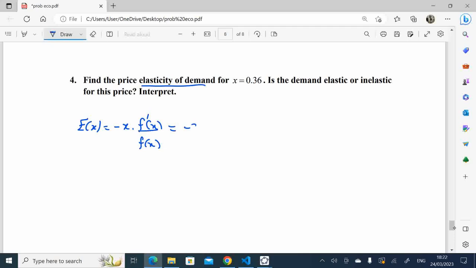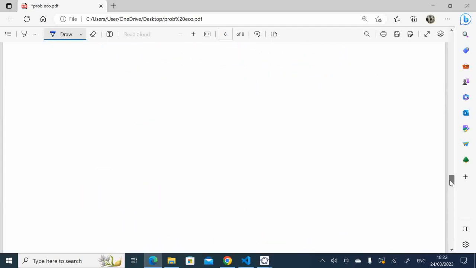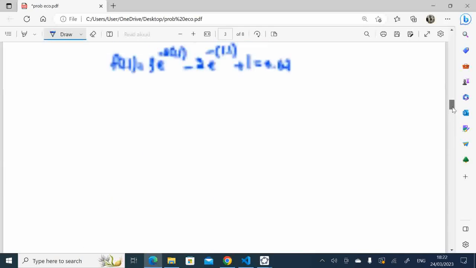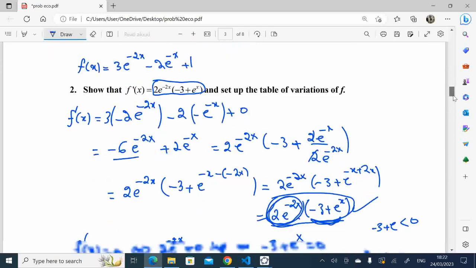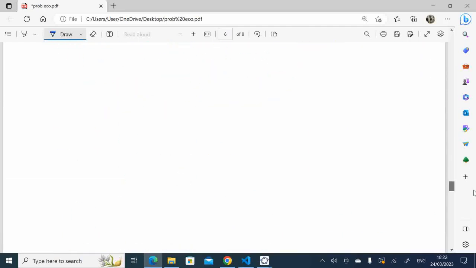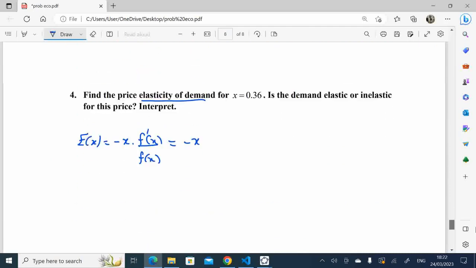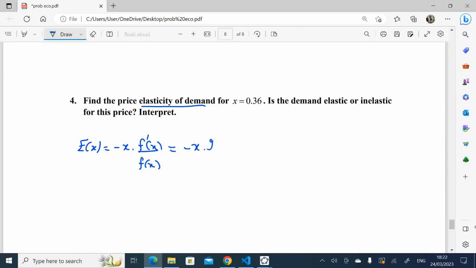We have found f prime in the previous parts, so f prime was equal to 2e^(-2x) times (-3 plus e^x), over f of x, which is 3e^(-2x) minus 2e^(-x) plus 1. We might leave it like this.